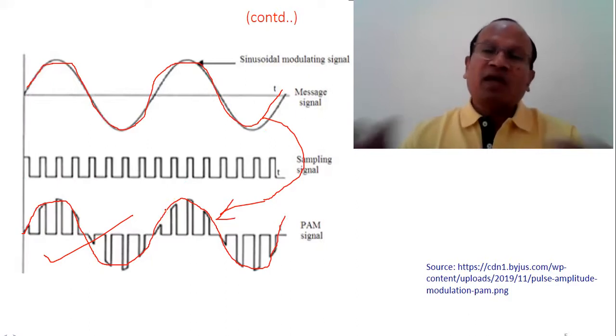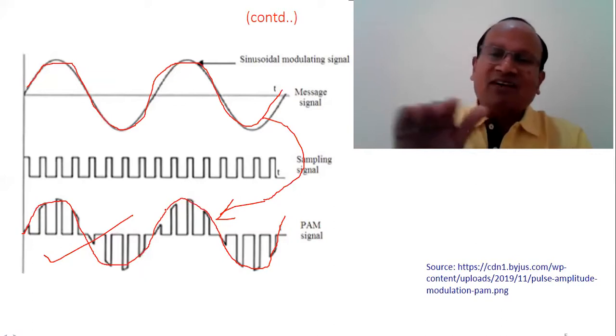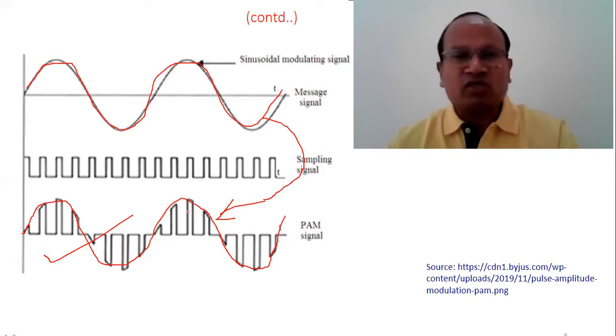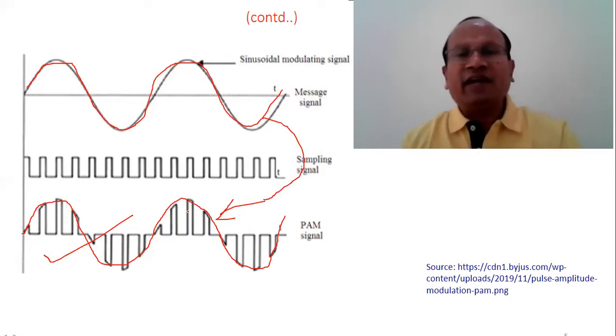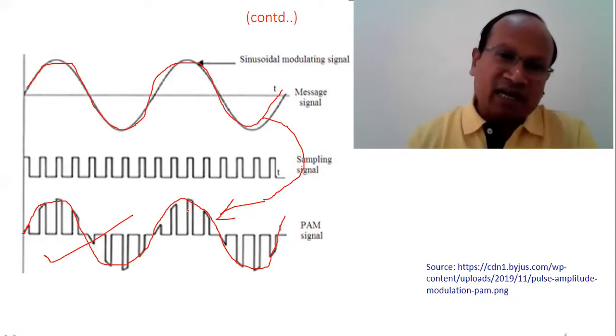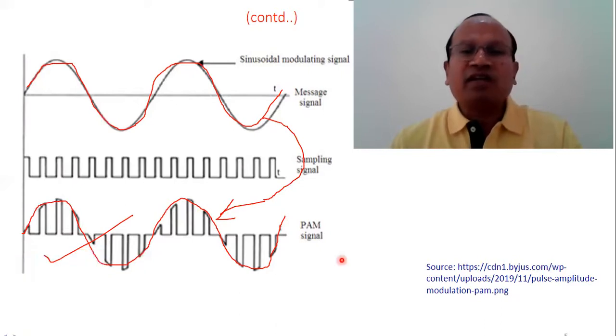In flat top, all tops will be flat. All tops will have a constant amplitude level. It will not vary at the top. So we'll discuss natural and flat top sampling, or PAM output, in detail in a separate lecture on the PAM signal. All right, so let me choose a pointer again.